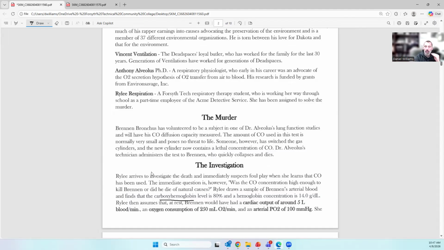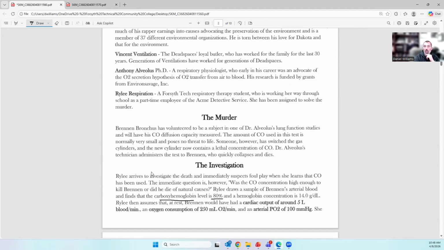So those are things that we need to make sure that we remember, and we also understand that carbon monoxide will result in carboxyhemoglobin, and carbon monoxide is not a life supportive gas. So we can see that the carboxyhemoglobin level is 80% in their arterial blood. That'll be important. We'll need to remember that here in just a little bit.